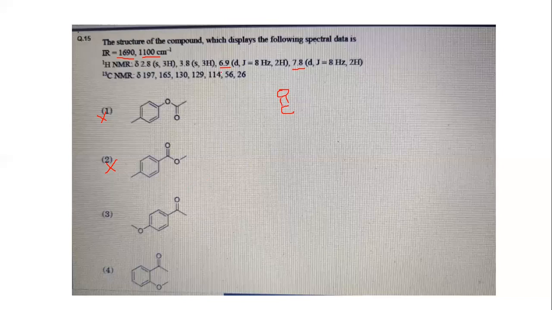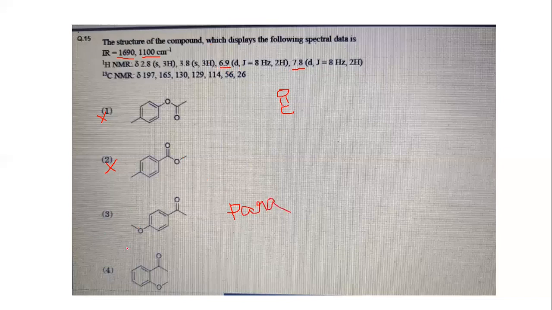But how to differentiate 3 and 4? They can be differentiated by the appearance of 2 doublets, 6.9 and 7.9, which indicates a para substitution. So the doublet pattern will indicate the para substitution.